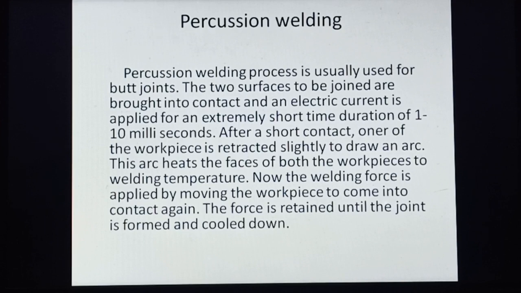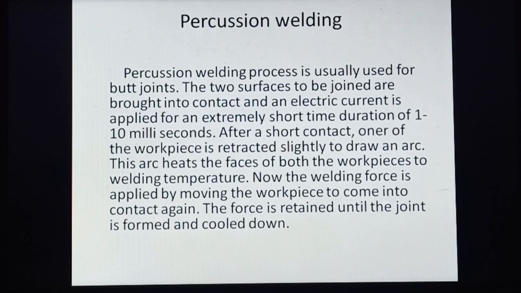After this short contact, one of the workpieces is retracted slightly to draw an arc. This arc heats the faces of both workpieces to welding temperature. This is the working principle.